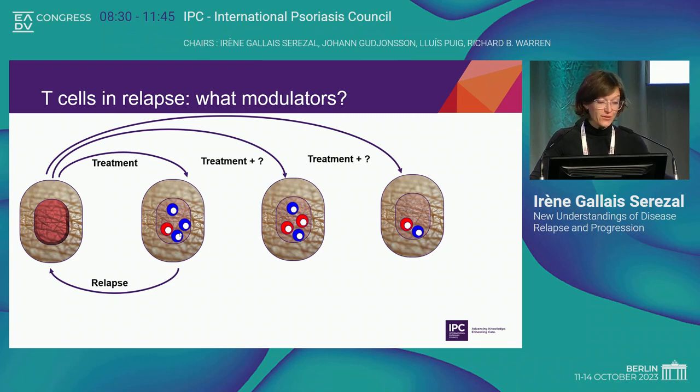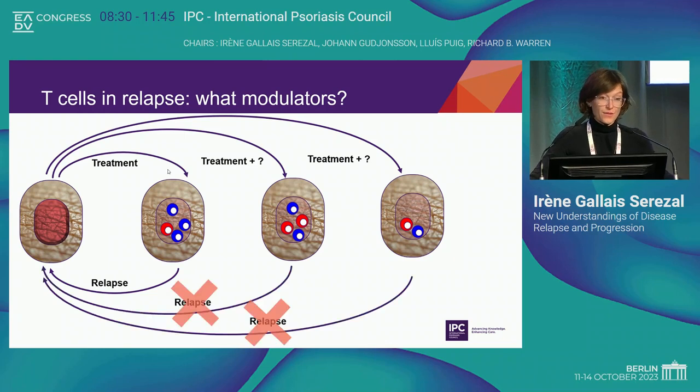So basically, what I represented here is you have resolved skin, but it's still a lot of IL-17 producing cells. So could we do something more than the current treatments we do, to have either a shift in the population of T cells, or just decrease the number of these disease-related T cells? And of course, the aim is to decrease the relapses.